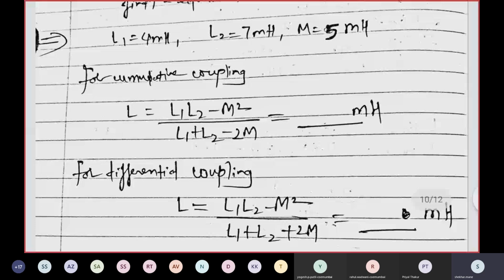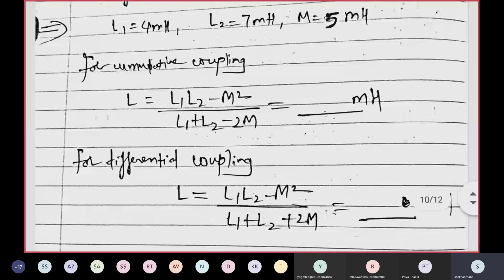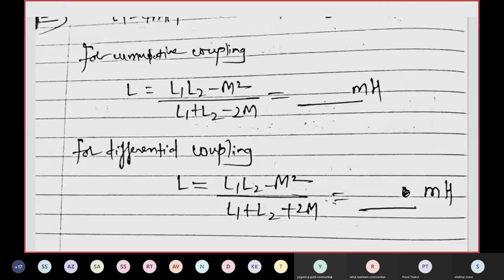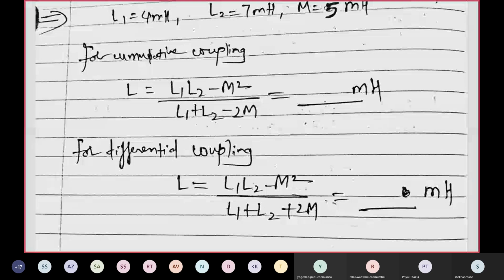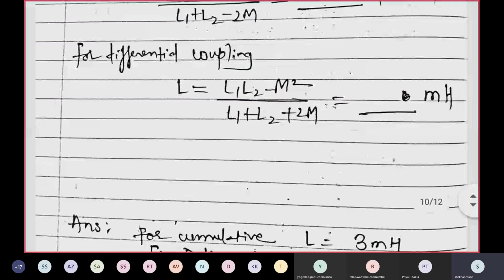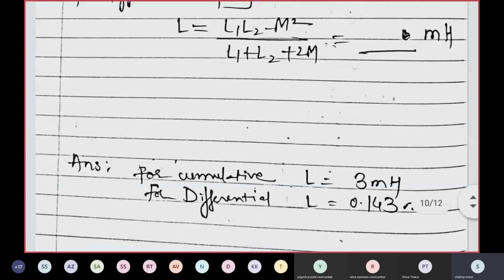And then you can easily find out the value of L. So the value of L is for cumulative 3 millihenry and for differential 0.143 millihenry.